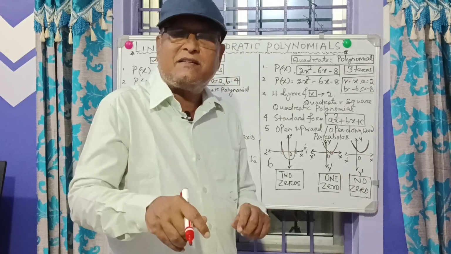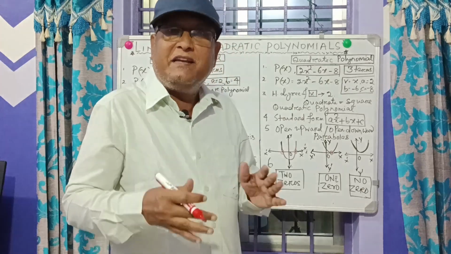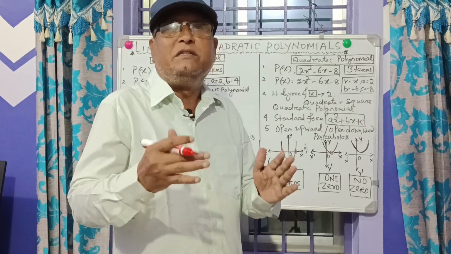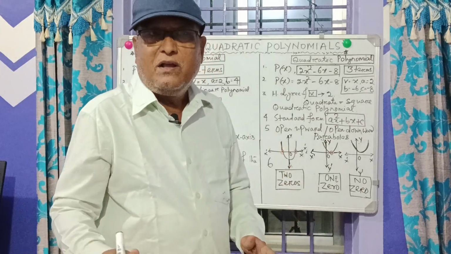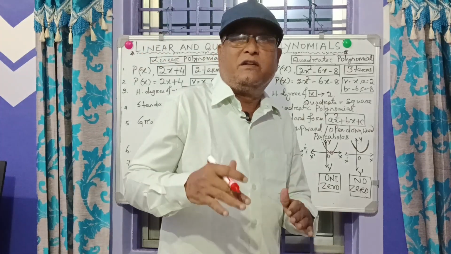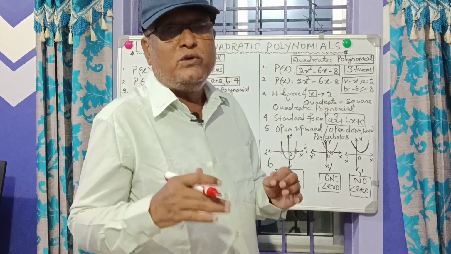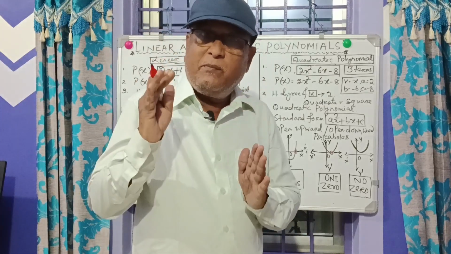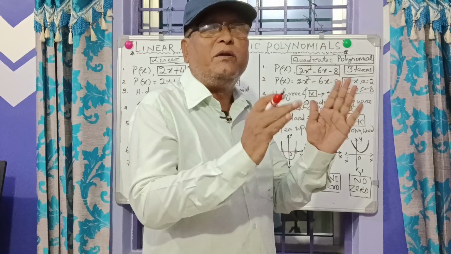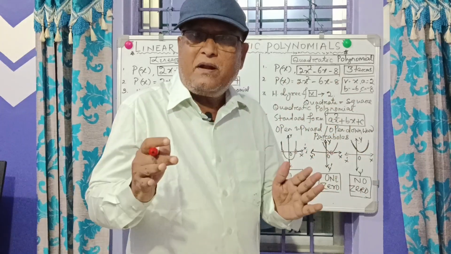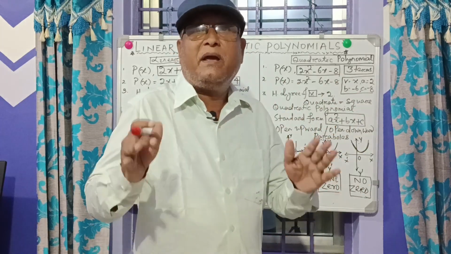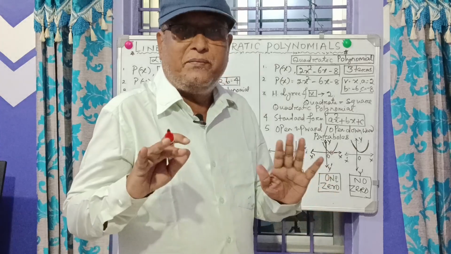If we take k as any real number, that will be the zero of the polynomial. In the next class, we shall discuss the zero polynomial and the zero of a polynomial. We shall compare and clarify our doubts, if any.